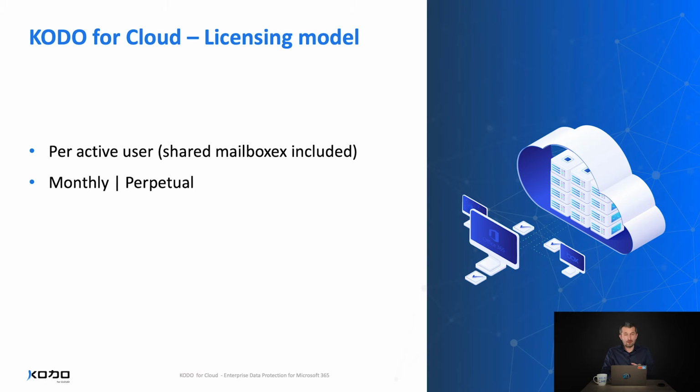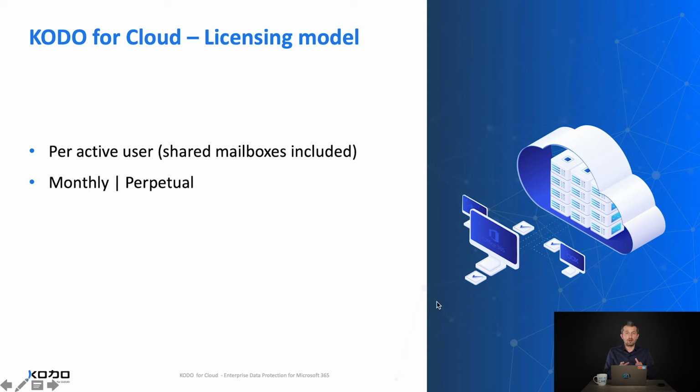Also, before I go to the live demo, you need to be aware of what licensing model we have. Today we only have one model. It's quite simple. We calculate the number of active users that are attached to our environment. So if a user is not active and not using the license, but the data stays, we will not count this user for the future maintenance part.